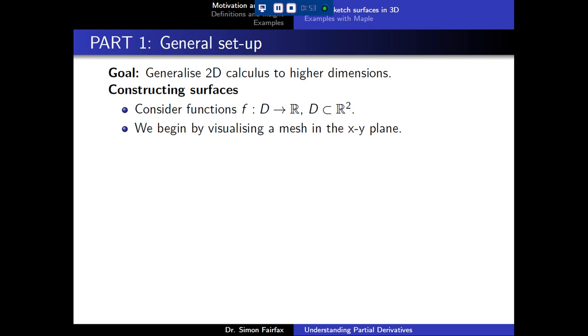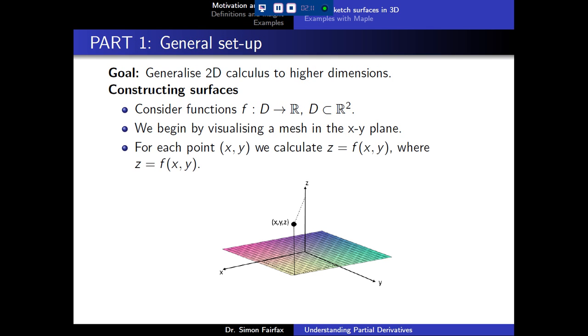Okay, so how are we going to construct these surfaces? Well, we begin by visualizing some mesh in the xy plane. And at every point in the mesh, we get some height coming from the function, which we're going to plot on the z-axis. So something a bit like this, xy plane, some mesh, as you can see from the colorful plane there.